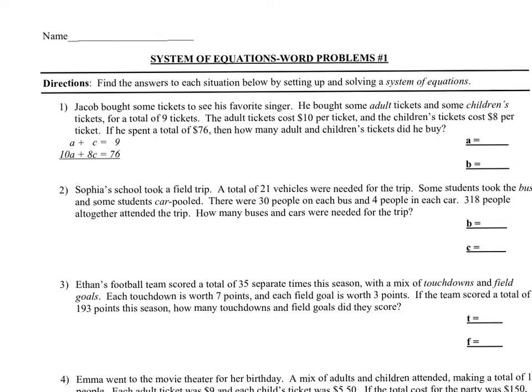But with two equations, what we want to do is try to get rid of one of the two variables. Okay, so we need to make the amount of variable in each of the equations match each other. So I'm going to demonstrate with this entire page, and then there's another page that's exactly like this.